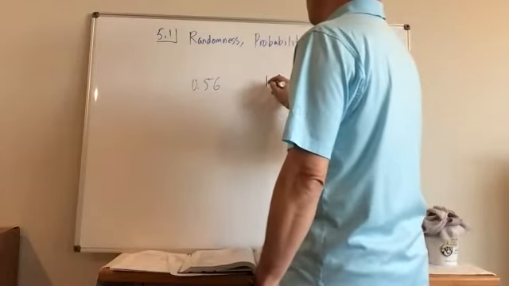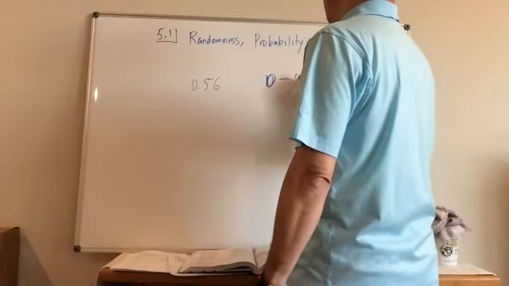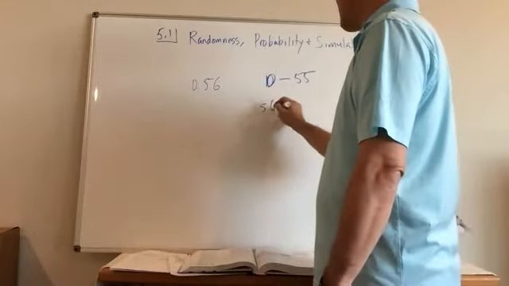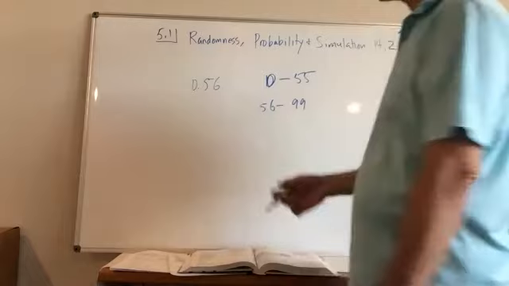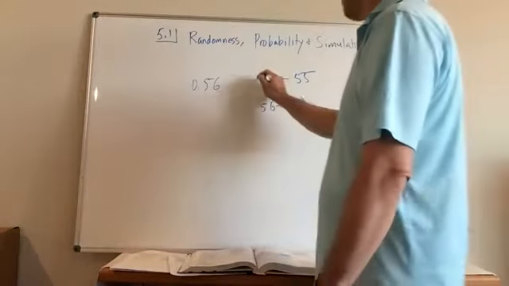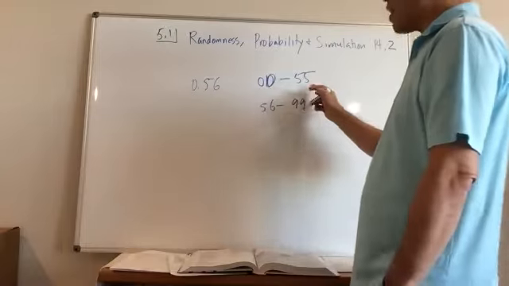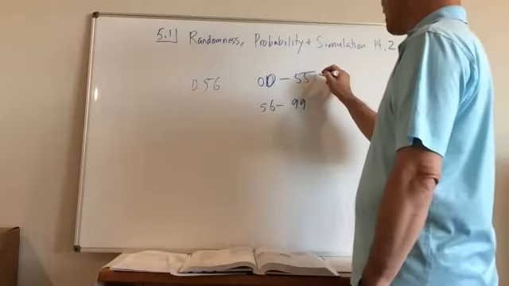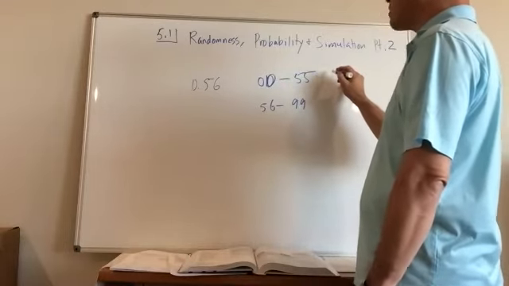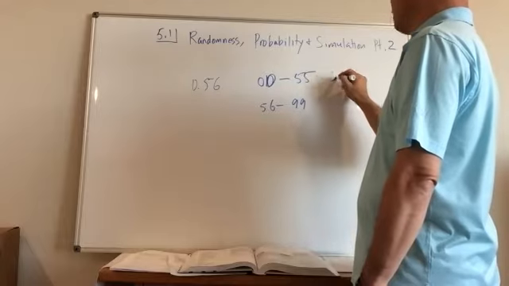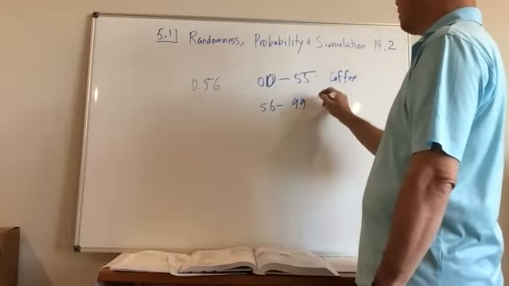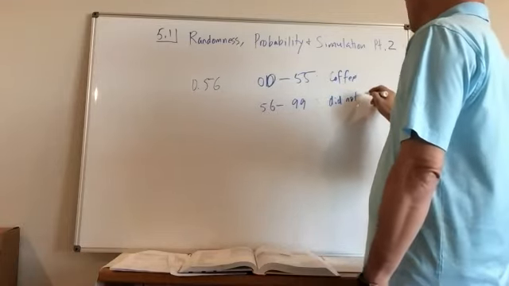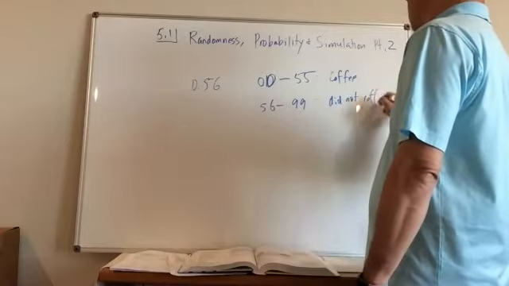You assign the two-digit numbers from 00 to 55 and 56 to 99, and you would say, if I get a number in the first range, you drank coffee. If I get a number in the second range, you did not drink coffee, okay?